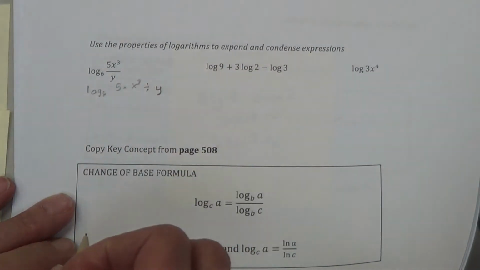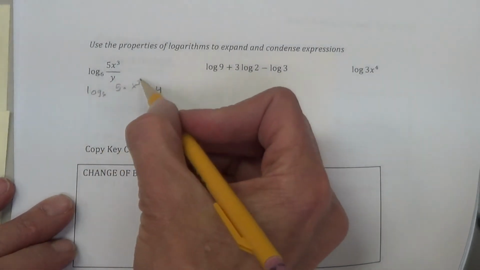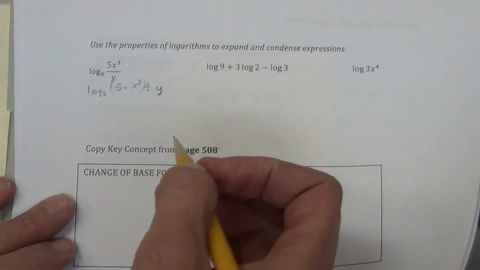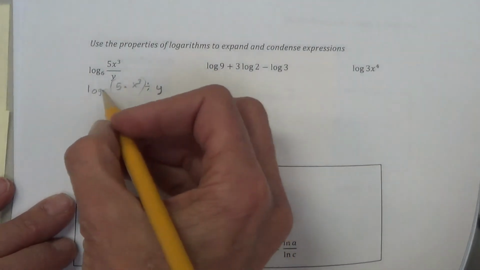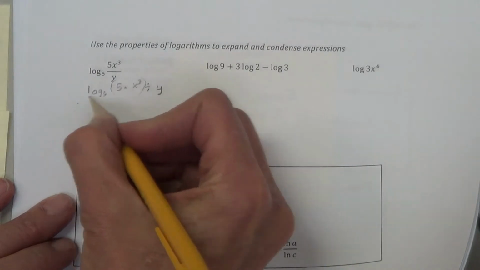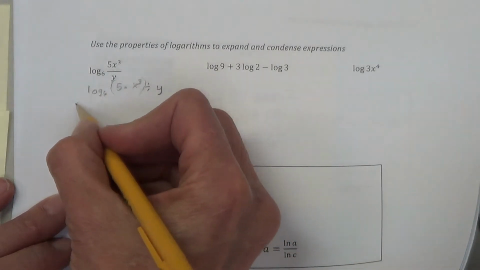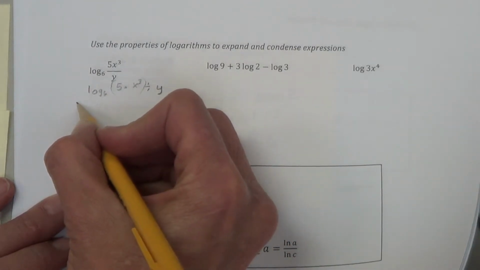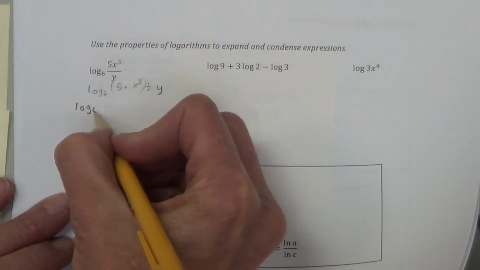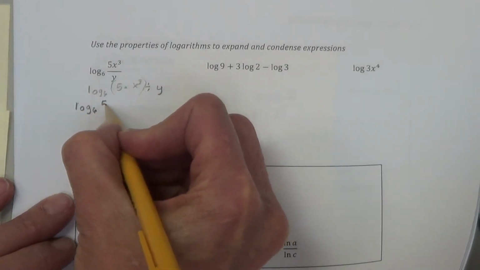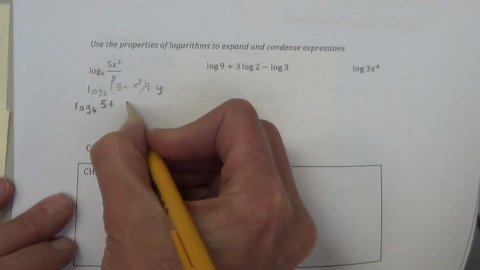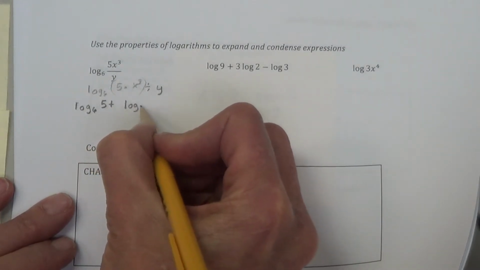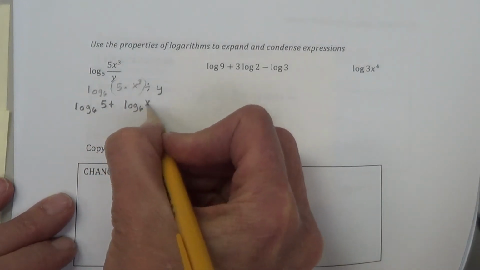The next thing that I want to do, and I realize that would be in parentheses, but we don't really need those, we're expanding. So the next thing we would do is say, in place of that times is a plus, since we're expanding, so it's log base 6 of 5 plus log base 6 of x.